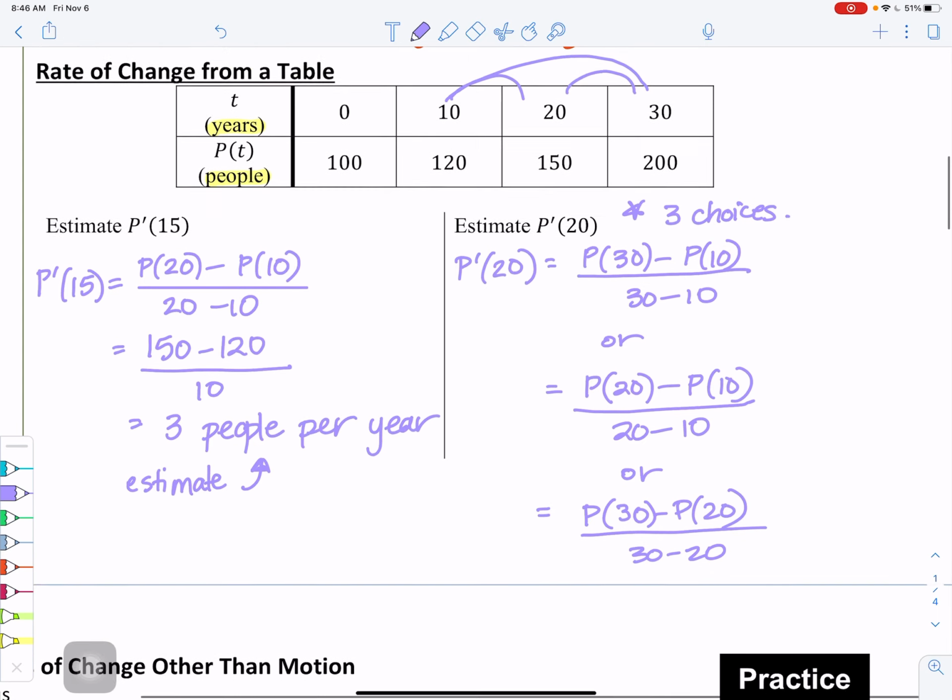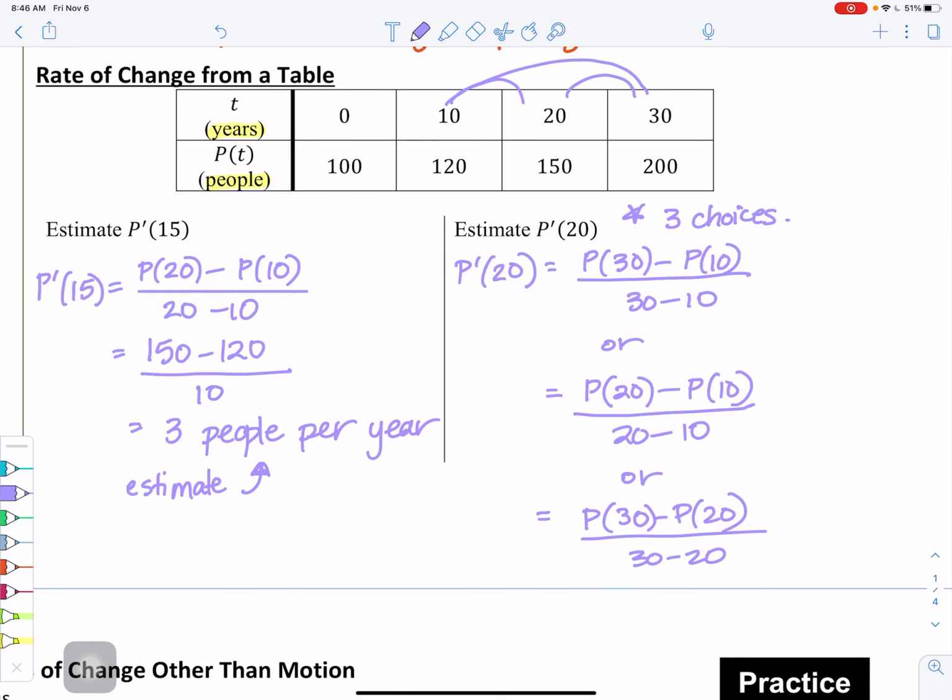So we could work all of those out. P of 30 is 200 minus 120 all over 20, and that would be 80 over 20, which is 40... sorry, that is 4 people per year.